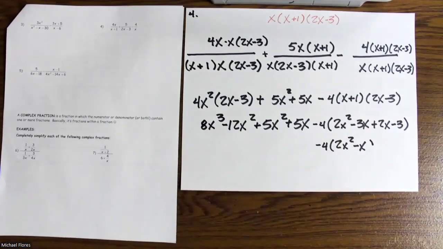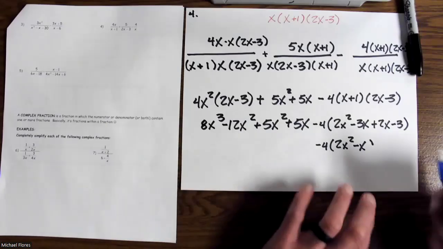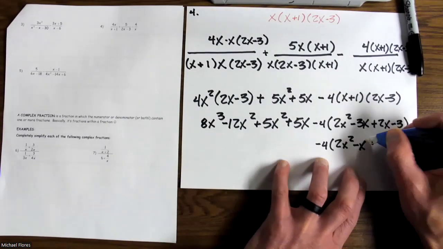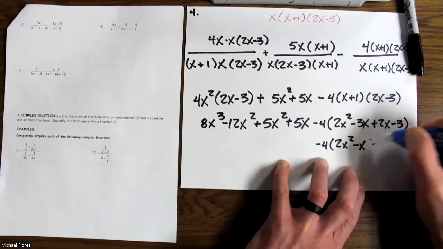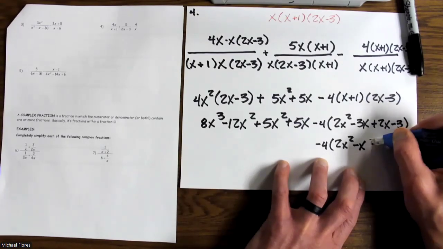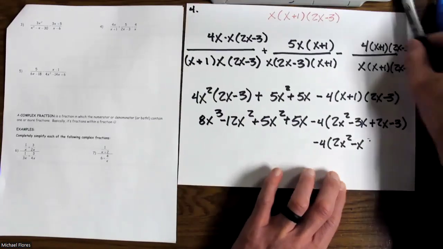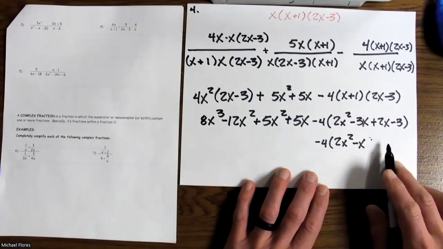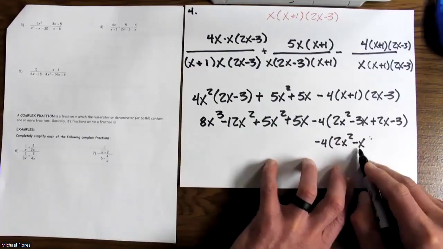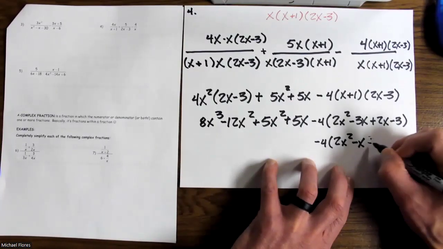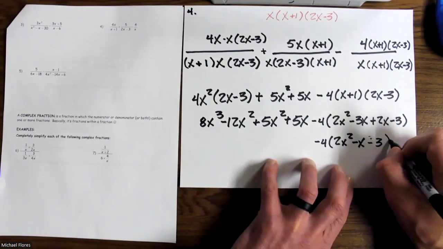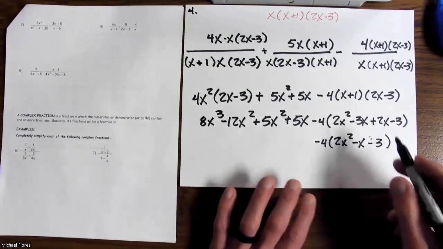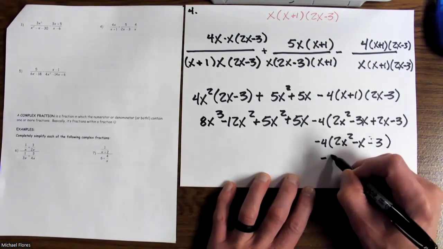Oops, hang on. I don't know what I was doing there. Come on. Darn you, correction tape. All right, well, it's going to have to just be good enough. And then, so -3x plus 2x is -x. Bring down the -3. And now I can distribute the -4 throughout the parentheses.